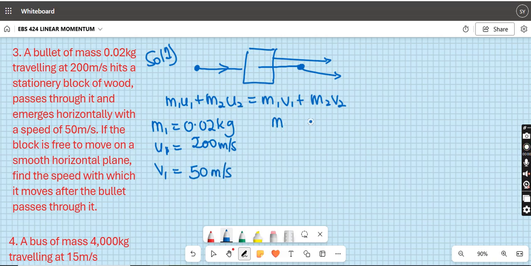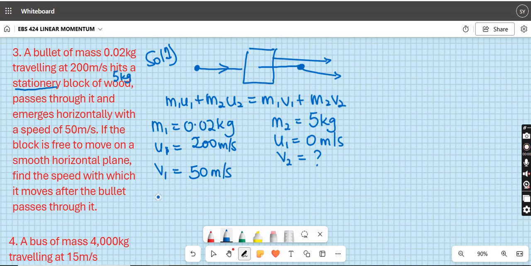What is the mass? I think I missed the mass. A stationary block of wood, the mass is 5 kg. Sorry. So m2 is 5 kg. Now u2 will be 0 because it said stationary. It's not moving. And we are looking for v2.